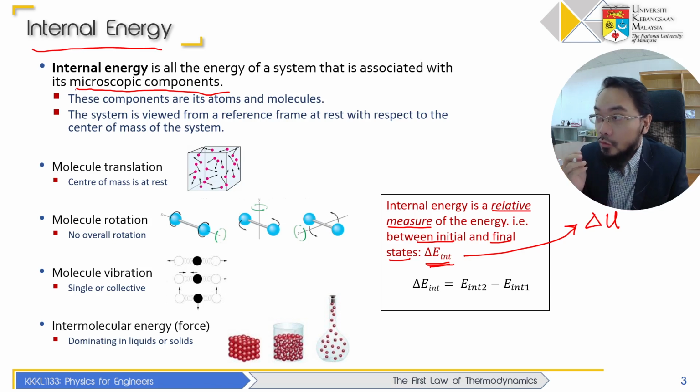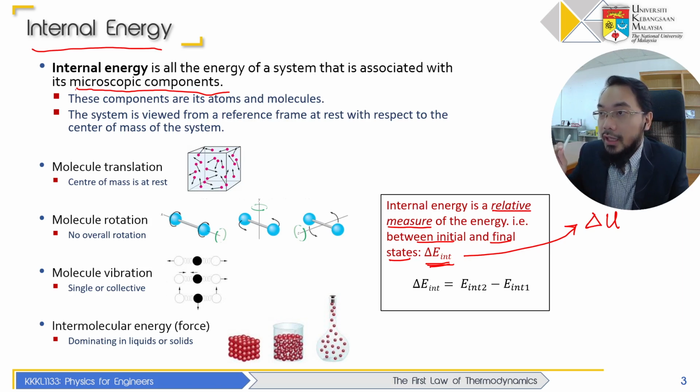To give you an analogy similar to change in internal energy, if you look at Newton's law or the mechanics of Newton's law, you can have gravitational potential energy. It's very rare that you always look at the absolute potential energy.